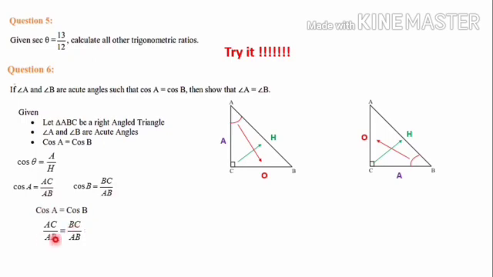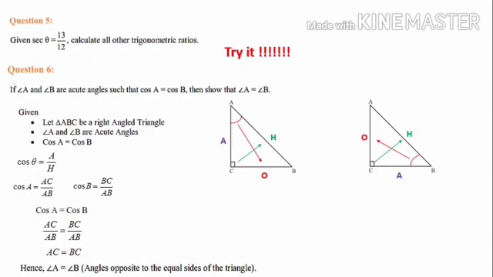When you look, the denominators are the same. Here AB, here AB. So both the denominators will be cancelled. Finally, we have got AC is equal to BC because the denominators are cancelled. Then angle A and angle B must be equal, because angles opposite to the equal sides of a triangle are equal.